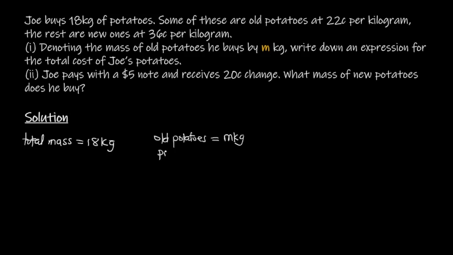So the price of old potatoes, let me make it OP, will be equal to 22 cents multiplied by the mass, because 1 kilogram costs 22 cents, so m kilograms costs 22m. Now let's look at the new potatoes.